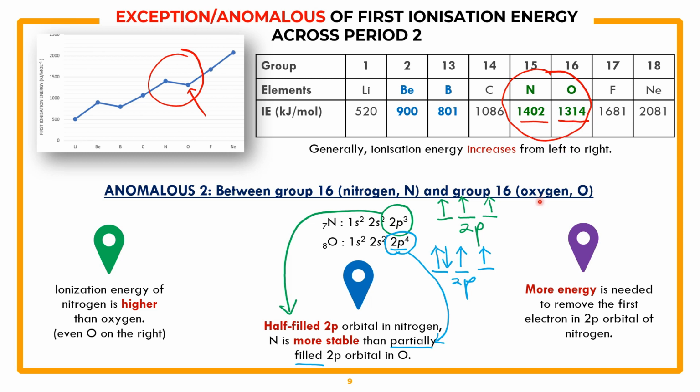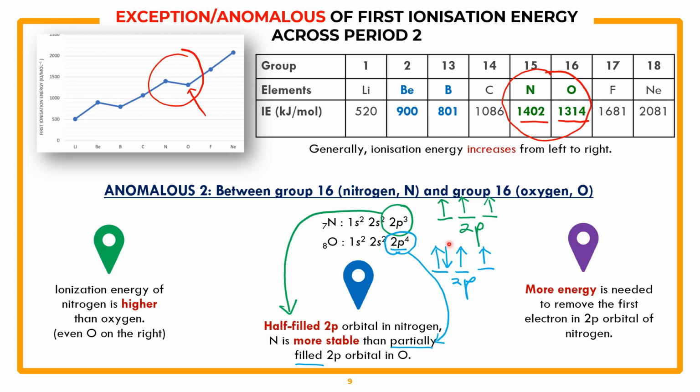Sementara dalam oxygen, since kita hanya ada partially filled 2p orbital here, then this partially filled 2p is unstable, bermaksud this first electron will be easier to remove from oxygen.